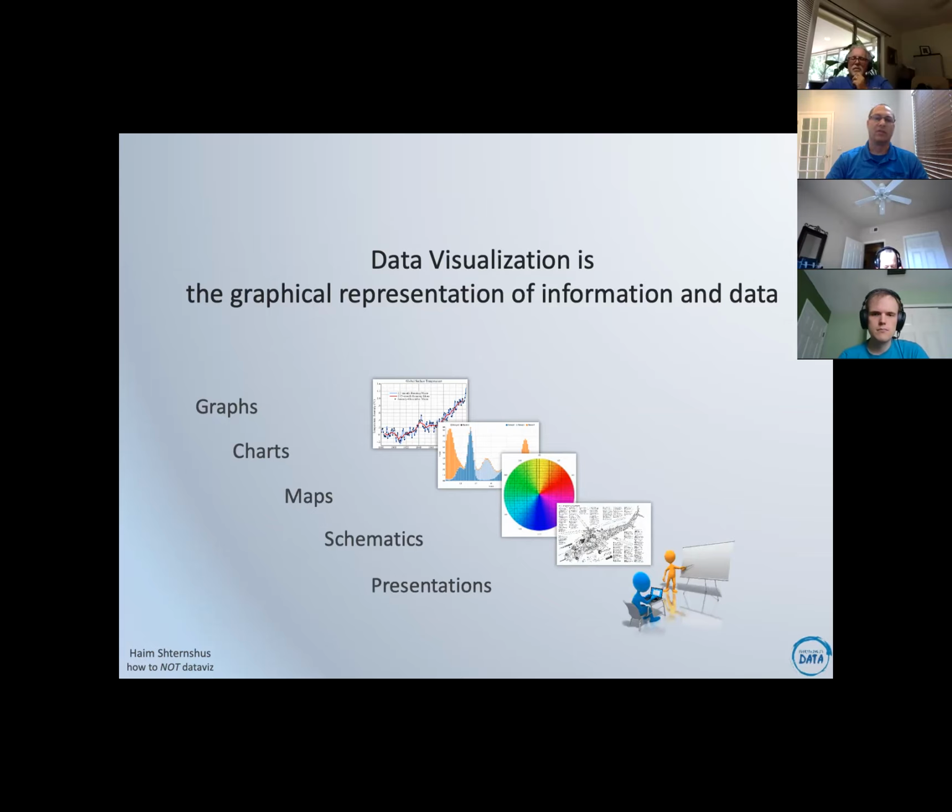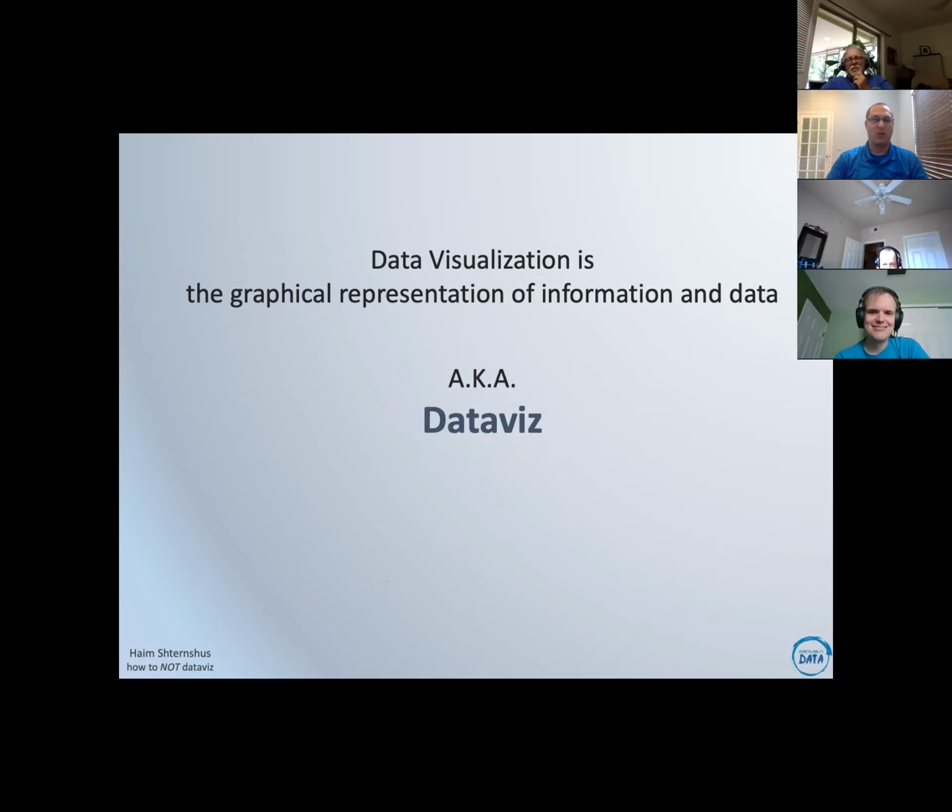These are all considered data visualization. And if you want to sound a little more knowledgeable or cool when you talk about data visualization, just say data viz, and people will assume that you know what you're talking about. Just a tip to keep in the back of your heads.